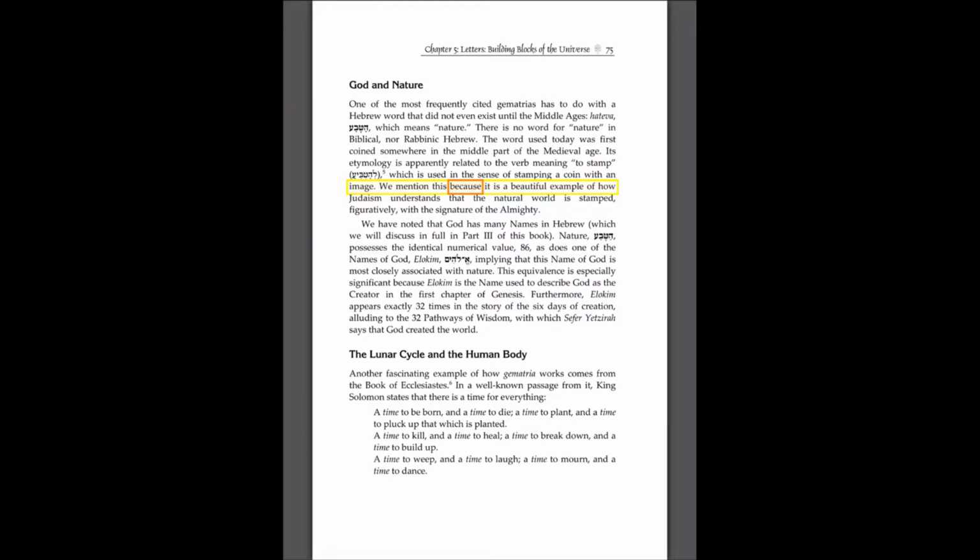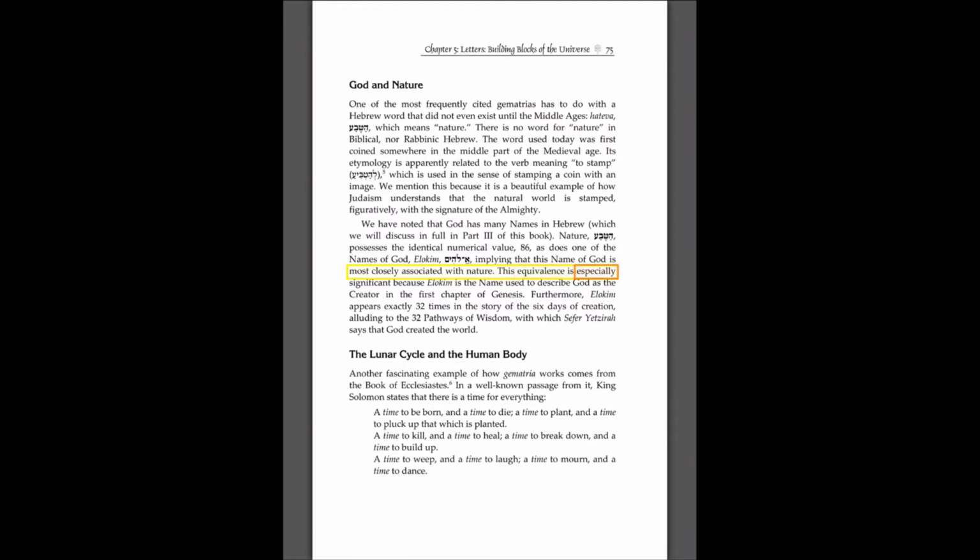We mention this because it is a beautiful example of how Judaism understands that the natural world is stamped, figuratively, with the signature of the Almighty. We have noted that God has many names in Hebrew, which we will discuss in full in Part 3 of this book. Nature possesses the identical numerical value, 86, as does one of the names of God, Elohim, implying that this name of God is most closely associated with nature.